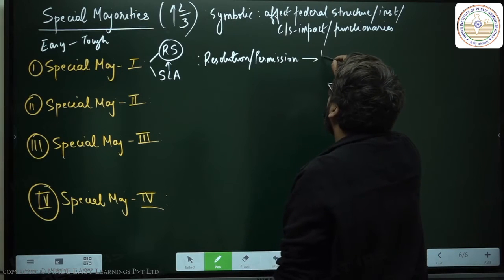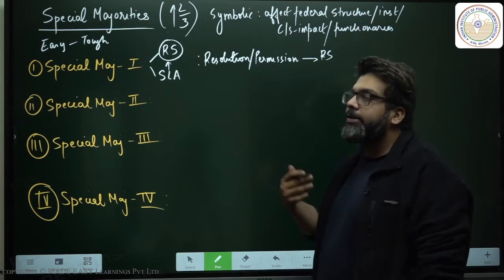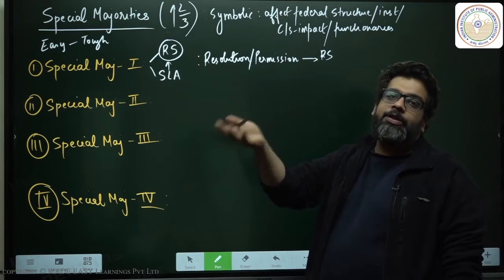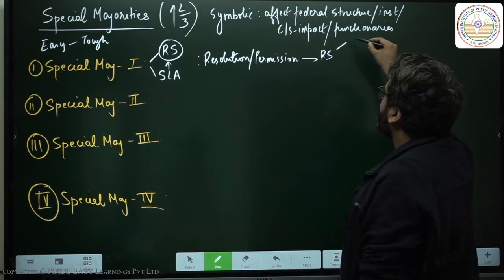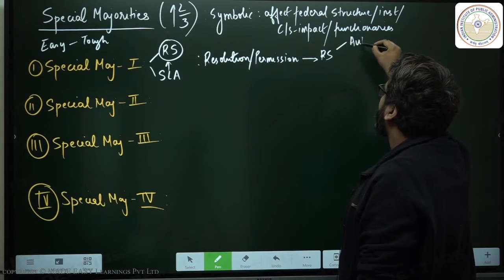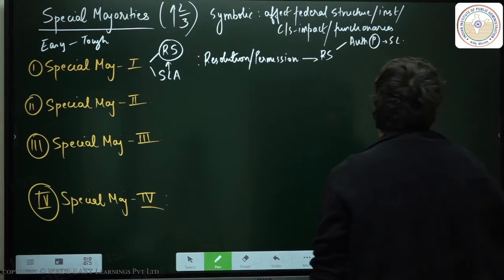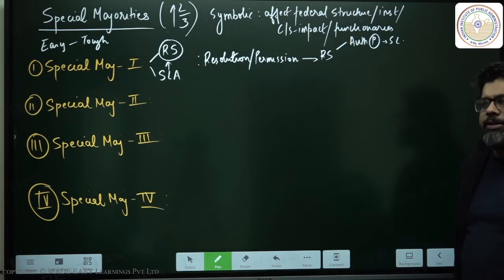For example, the Rajya Sabha has certain special powers because it has been chosen by the states. Suppose you want to authorize the parliament to make a law on something which is in the state list.